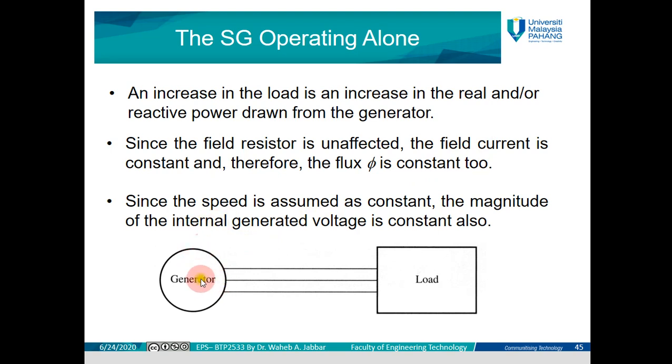Also, since it is a synchronous generator, it has only one speed, the synchronous speed, which is constant for all conditions from no load to full load. The internal voltage, EA, is also constant in standalone operation mode.